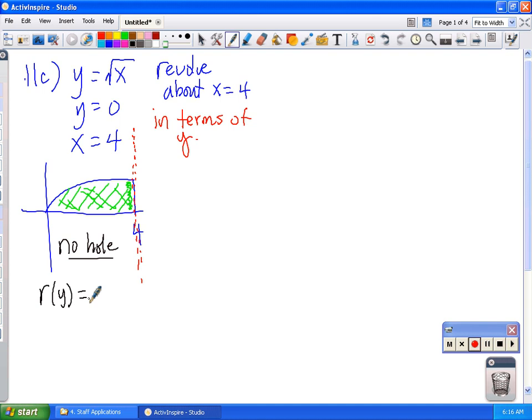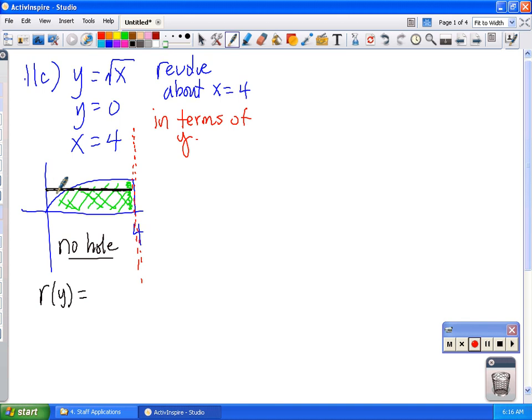Now, as we've talked about in class, the radius always starts at the axis of revolution and it travels to the curve. So this segment right here is the radius that I'm trying to define. However, it's difficult to define that radius without using, in this case, the y-axis. So I'm going to take that segment all the way over to the y-axis.